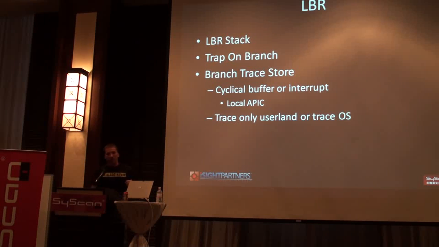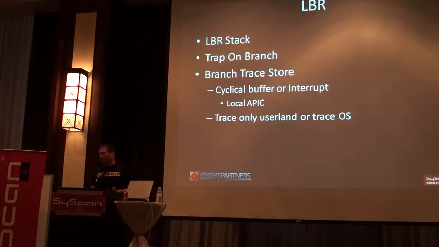And there's also a great thing that they added, which really improves performance for me, because in this talk we're only discussing userland application tracing. You can set up the last branch recording to only trace the OS, or to trace userland, or to do both, I believe. I only turn on the userland tracing, which means I don't care when context switches happen, and I don't care when kernel code's running.